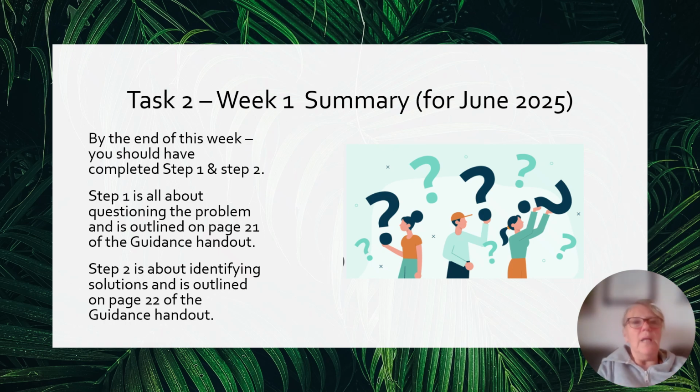You're going to put the problem you're going to solve in the middle of the mind map, and then you're going to think of solutions around the centre of the problem, and then you're going to ask questions about how to solve the problem.